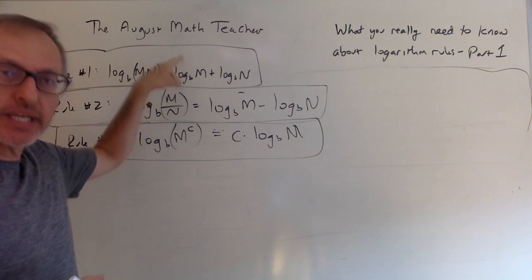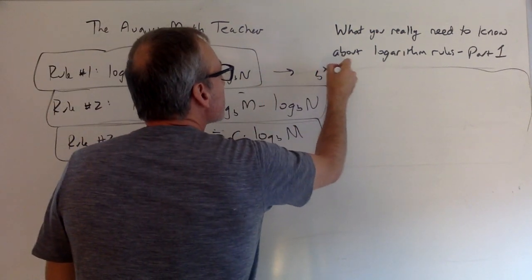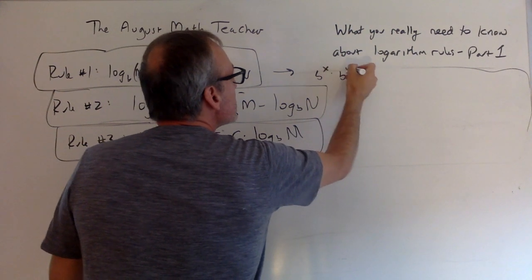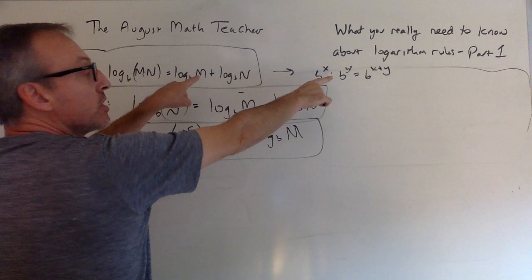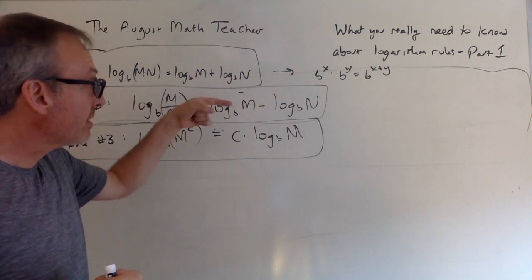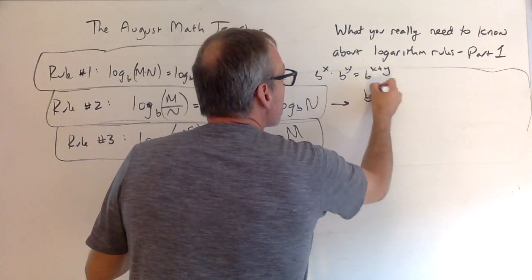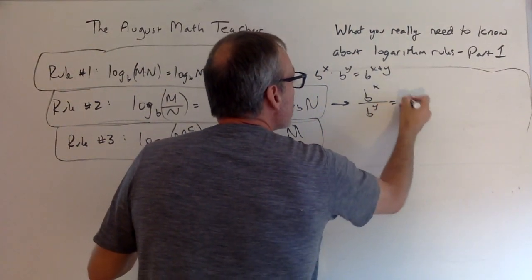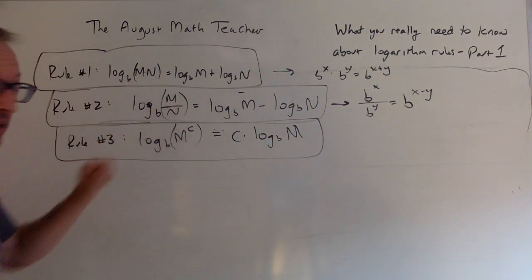This is really a rewrite of the rule b to the x times b to the y is equal to b to the x plus y. These are close cousins. Similarly, hopefully this makes sense, this is actually a close cousin of b to the x divided by b to the y is b to the x minus y. And you can see some of the similarities here.